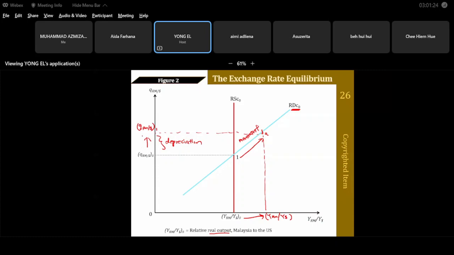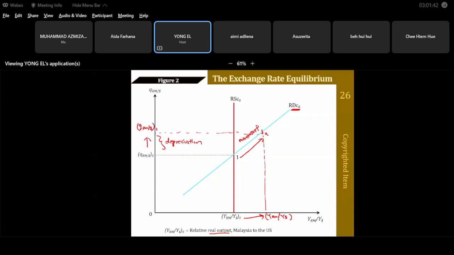The higher the value, the more ringgit Malaysians need in order to buy $1. This is depreciation. Depreciation here also means Malaysian products become cheaper for people from the US to purchase.